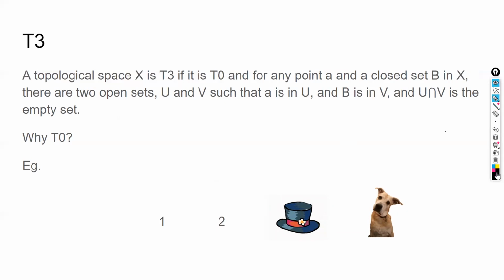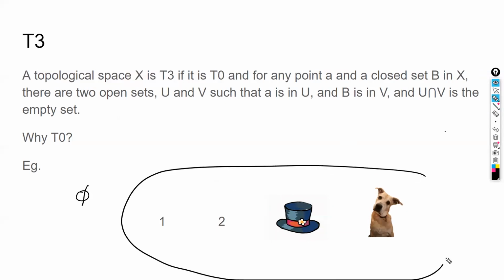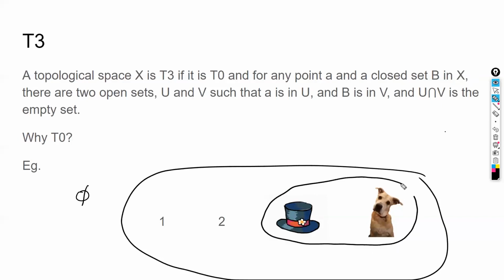Okay, consider the following topology. As usual, we need the empty set, we need the whole space, and we need 2 more: an open set containing hat and dog, and an open set containing 1 and 2. So let's take a look at this space. The first question is, is it T0?